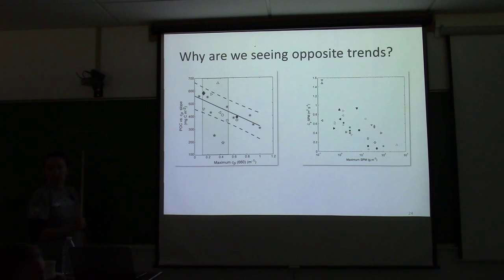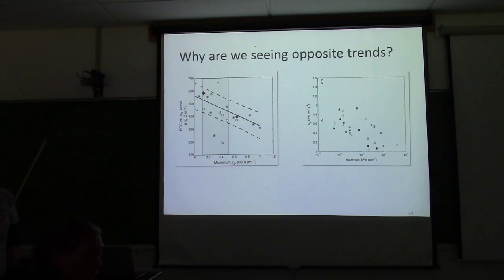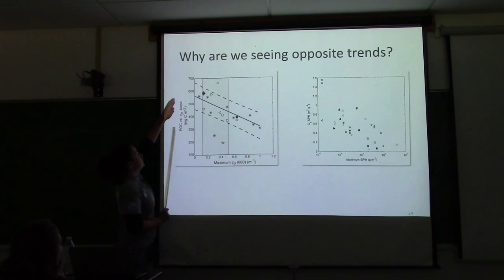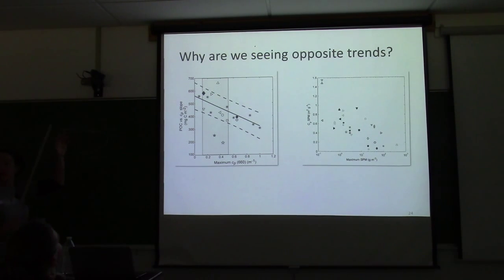One is showing SPM versus the attenuation ratio with SPM, and the other is showing CP with the carbon slope. Forget about the slope. One is carbon over CP, the other is CP over mass. This is carbon mass, this is weight. But it's an inverse ratio.